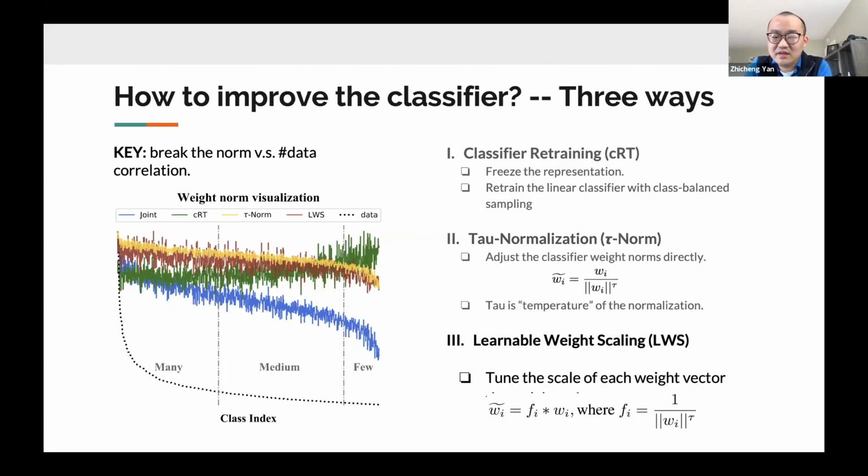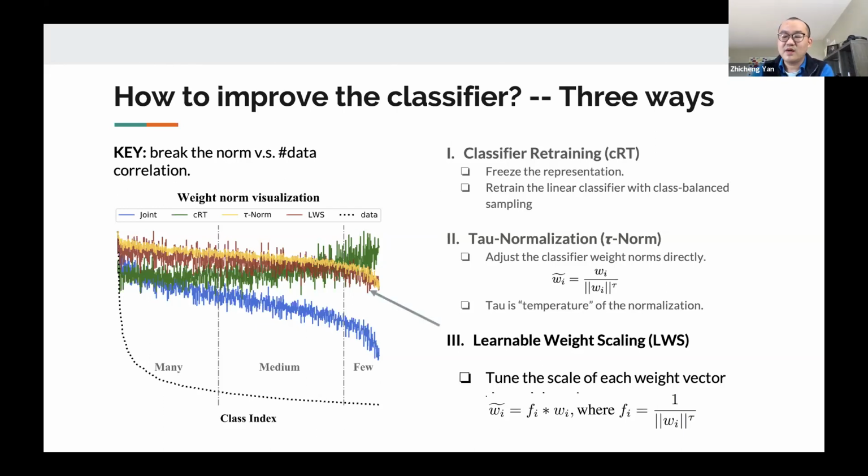The third method is one step further: we can actually learn this tau hyperparameter from data. The way we do it is, after the first stage, joint training, we freeze the trunk, freeze the linear classifier, and we use class balanced sampling to learn this tau using the cross entropy loss.